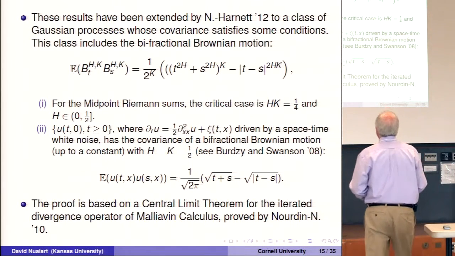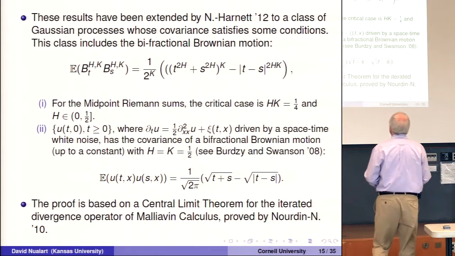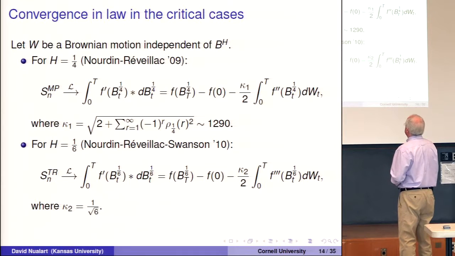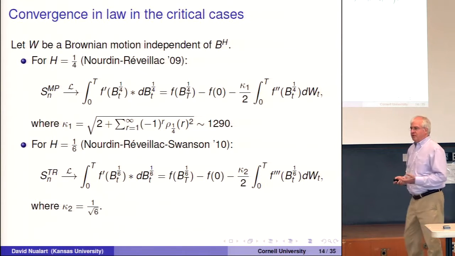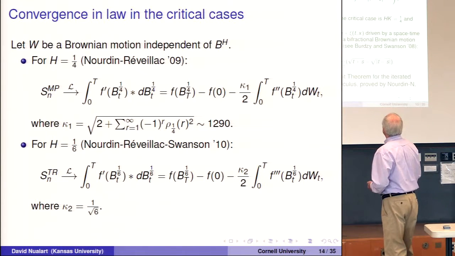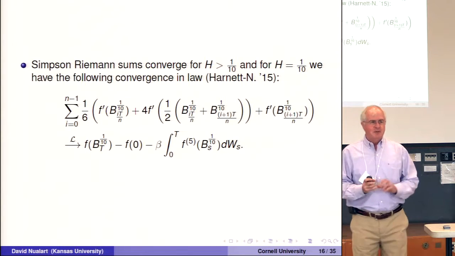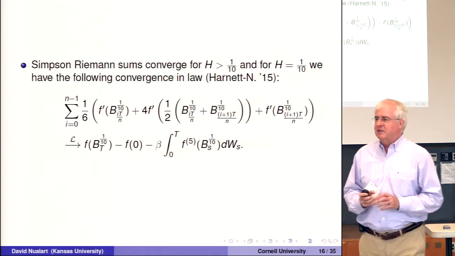And then you can say, well, you have here the middle point rule, the trapezoidal rule. Are there other numerical schemes? And actually, there is an additional paper that we wrote with Daniel. We took the symmetric Riemann sums, and here the critical value is 1/10.